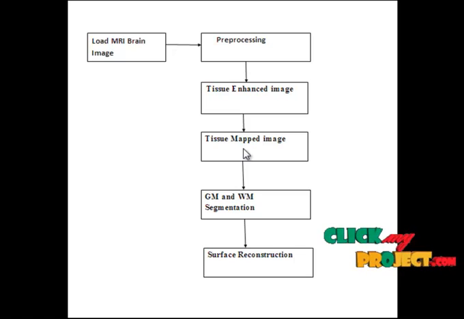So here we are classifying the gray matter and white matter based on the tissue intensity. After mapping the result, it will pass to the gray matter and white matter segmentation. We transform the gray matter segmentation from each subject to the average space to generate an average gray matter mask.